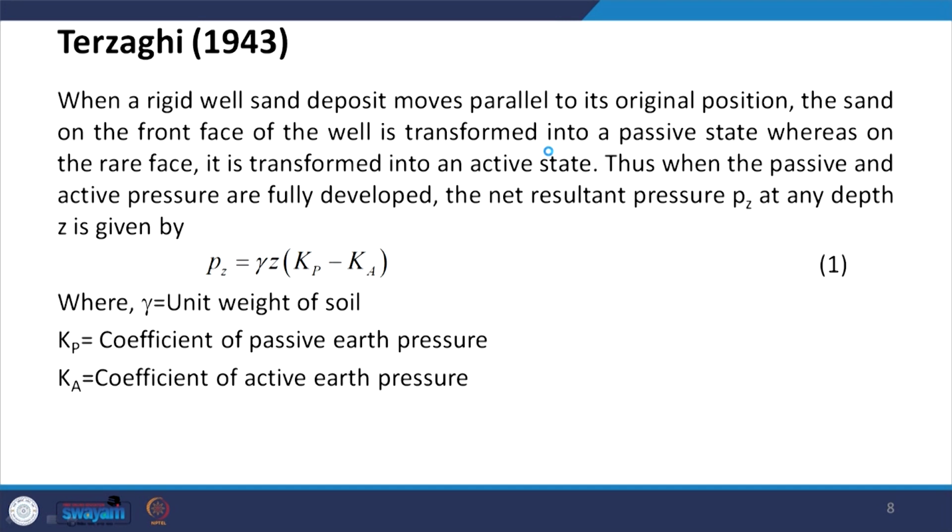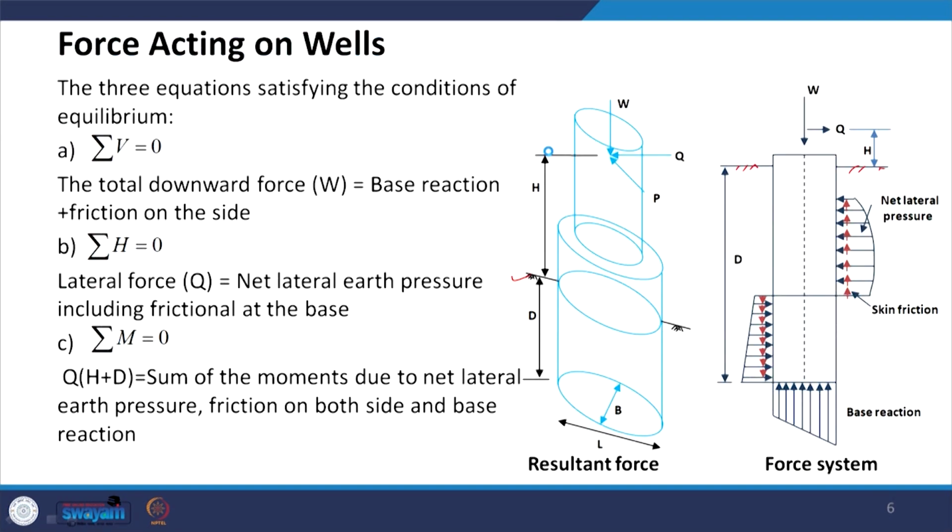Suppose, as you see here, the well is moving in this direction. The soil here will be pushed and passive resistance will develop in this soil, while active resistance will develop on the other side.